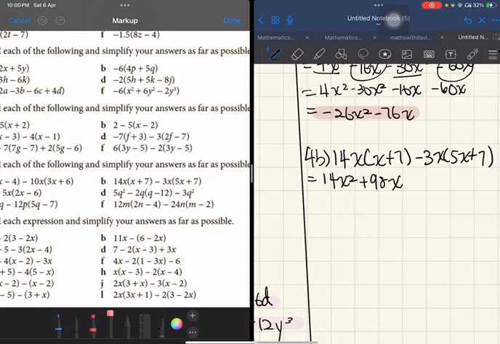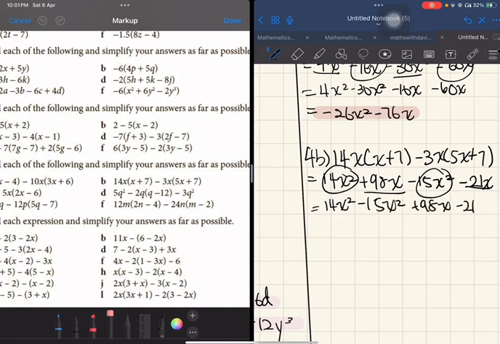Negative 3x times 5x, you're gonna get negative 15x squared. Negative 3x times positive 7, you're going to get negative 21x. Okay, now let's find the like terms and then write them together. Okay, and then your answer is going to be negative x squared plus 77x. Alright, let's move on.